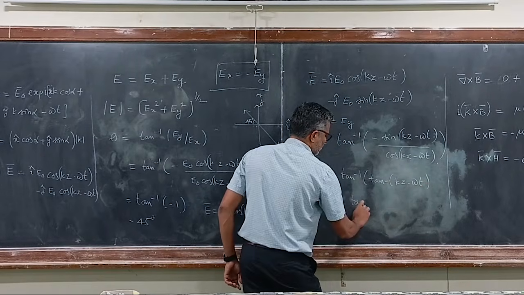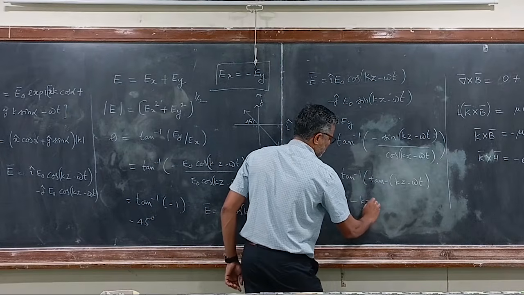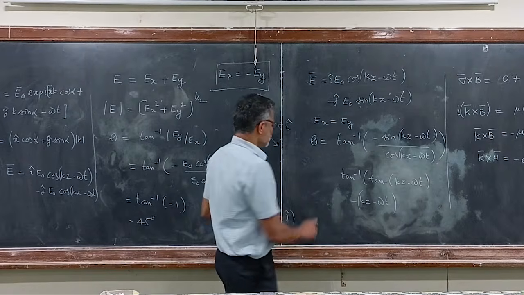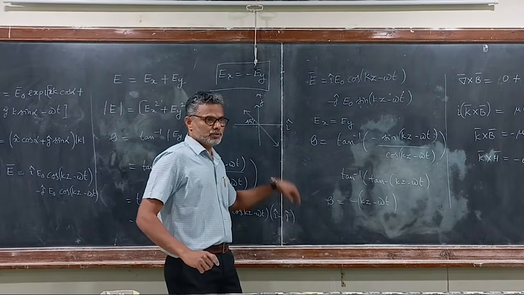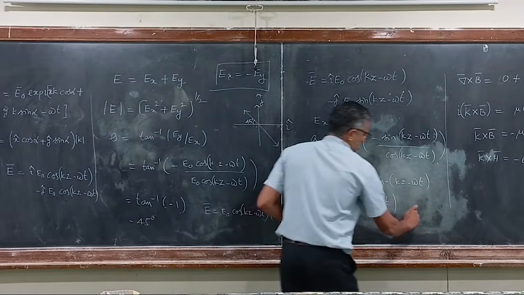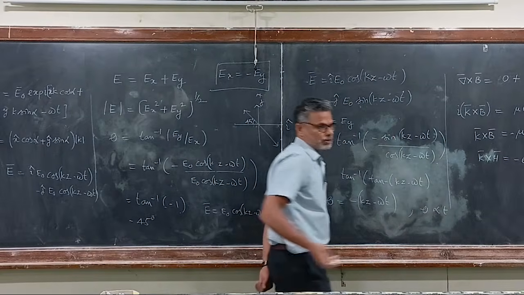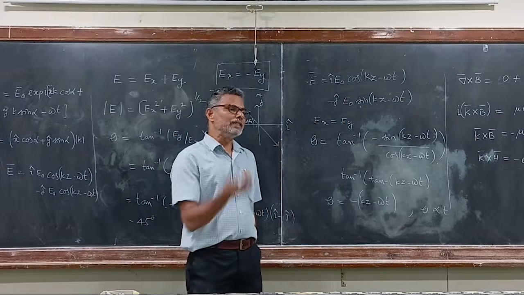Now if you substitute, theta will become minus (kz minus omega t). So now your theta value is this. Now at z equal to 0, put the origin z equal to 0. Then theta is directly proportional to t. So when time is increasing, your theta is going to increase.